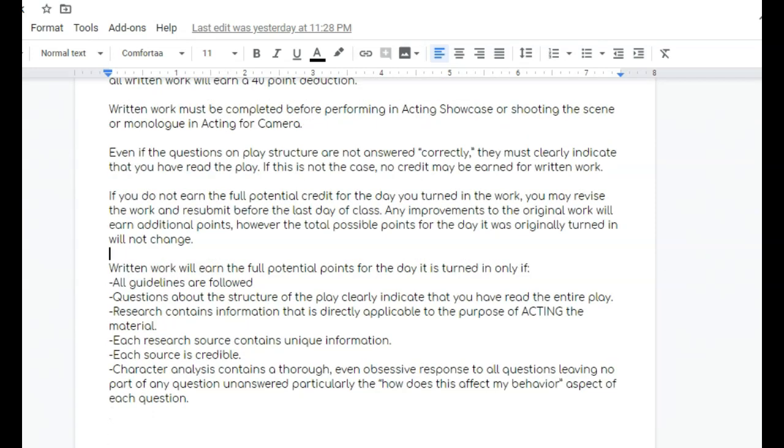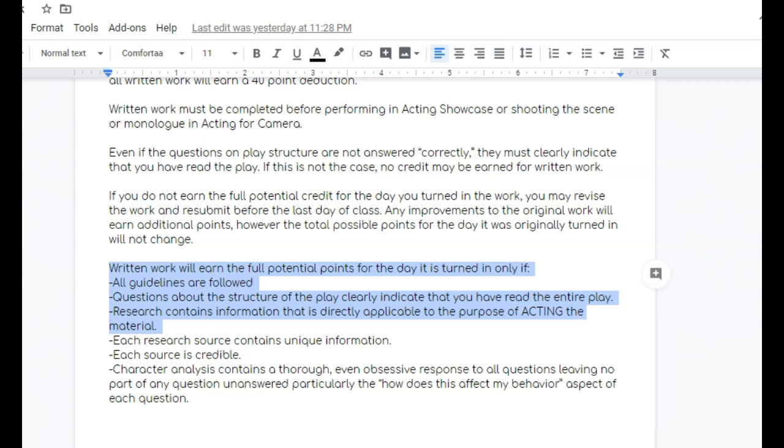So you will get full credit. All you have to do is this stuff, and you will get full credit for the potential points that you could have earned on that day based on the late policy. You've got to follow all the guidelines. You've got to answer all the questions and answer them well. Questions about the structure of the play need to indicate that you've read the play. Gee, I'm sort of hitting that hard, aren't I?